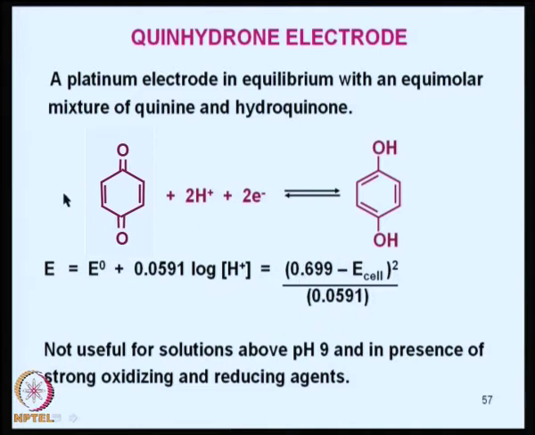This is another similar electrode, like the glass electrode, but it is not useful for pHs above 9, and in presence of strong oxidizing and reducing agents it will not work, because the hydroxy groups can get converted to ketonic groups in presence of oxidizing agents, and ketone groups can get reduced to hydroxyl groups in presence of strong reducing agents. So, it has got somewhat limited applications, but we do have a metal wire like antimony.